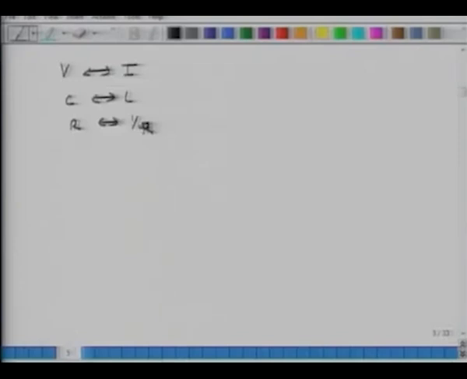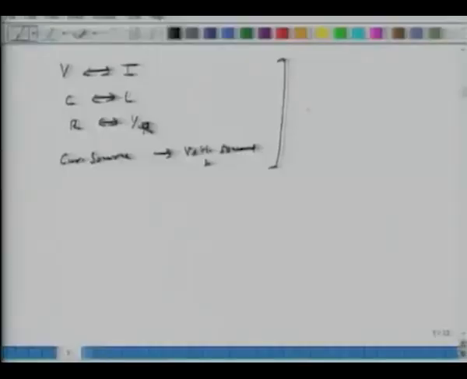What else? Yeah, a current source transforms to voltage source and back and forth. And one thing which remains constant in this is power dissipated in the circuit.